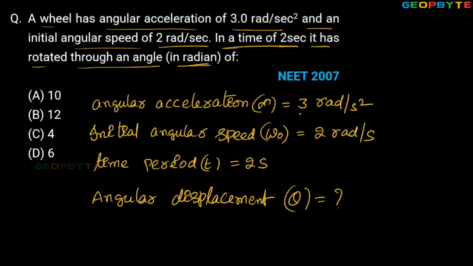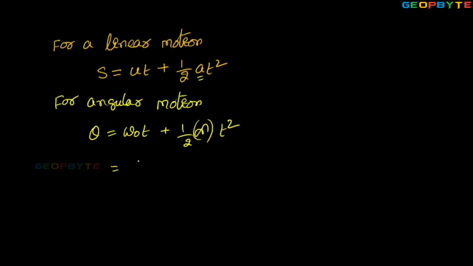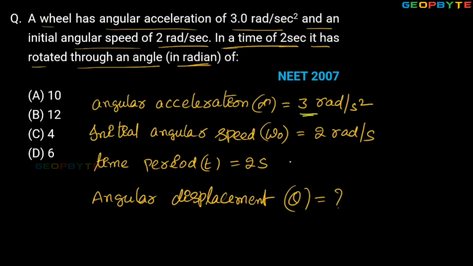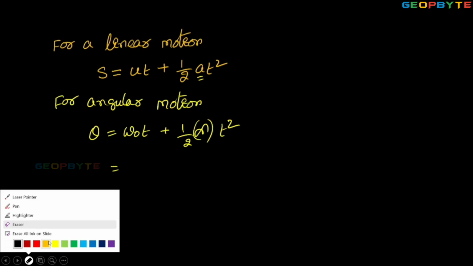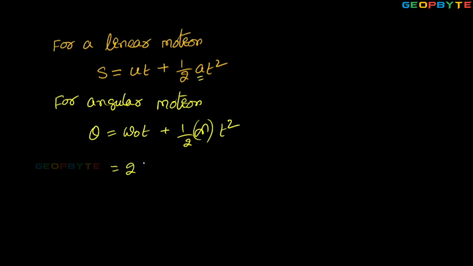It is equal to omega naught times time period. Time period is given, 2 seconds. And initial angular velocity omega naught is also 2, so you should be very careful. Omega naught is given 2, time period is also given 2, plus half into angular acceleration, which is given 3, into 2 square.